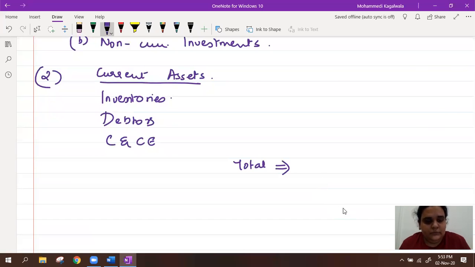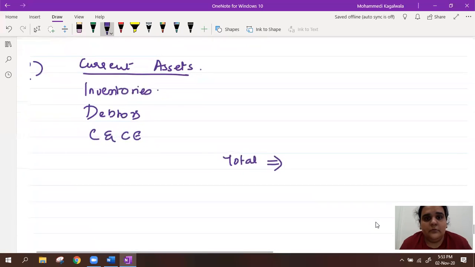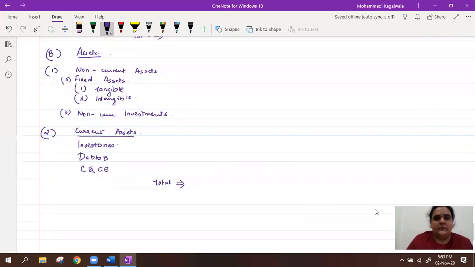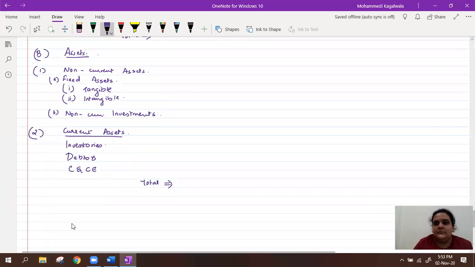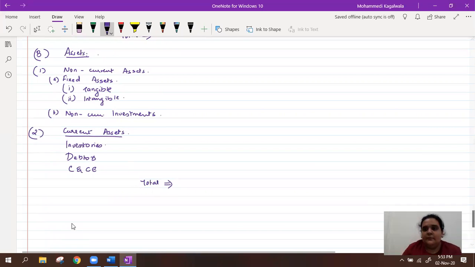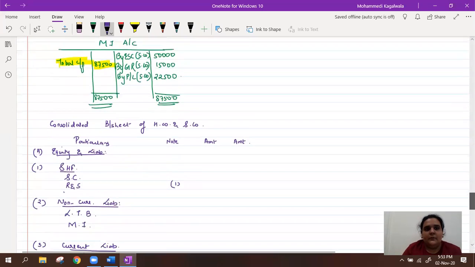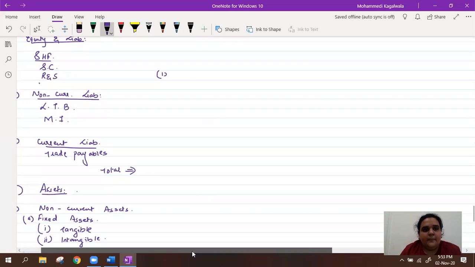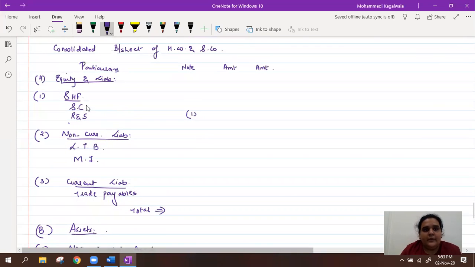Okay, so now let's see this. Now in the shareholders items, first one is the share capital.